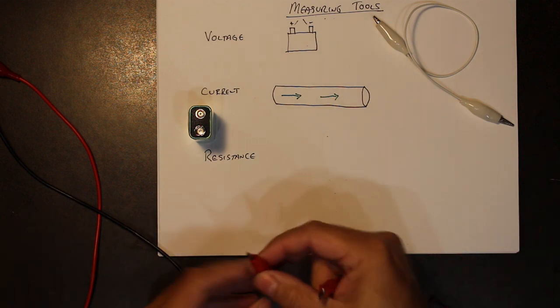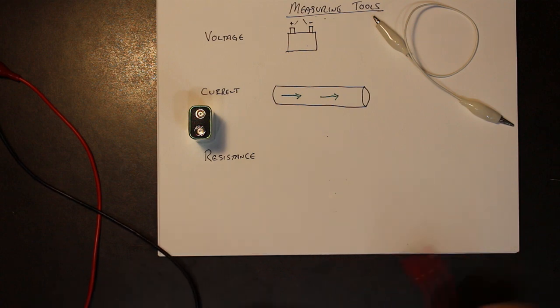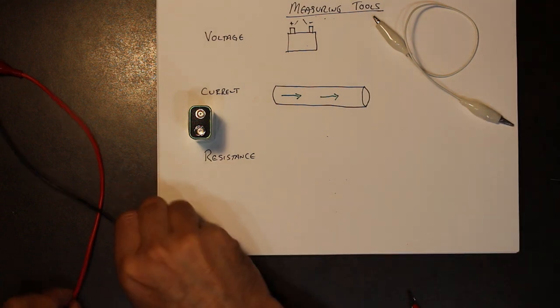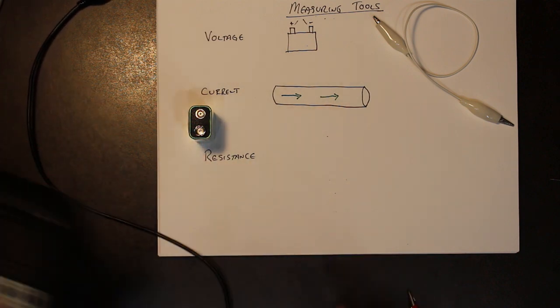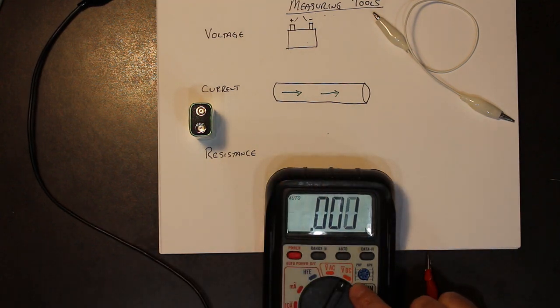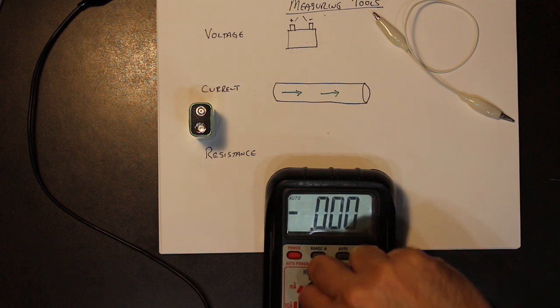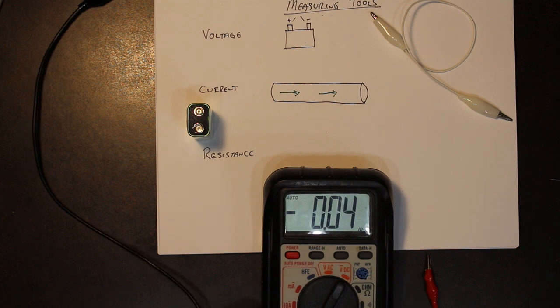And there is two. So basically what we're going to do is we are going to take a measurement of current in a circuit. So I need to set this up to measure current. Current is measured in amps down at the bottom. So I'm going to set it up to measure current.